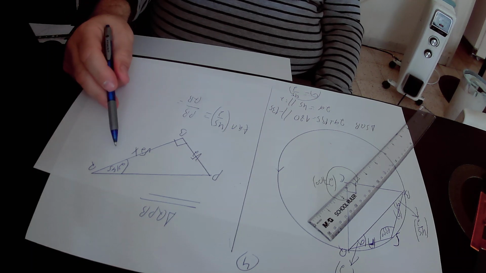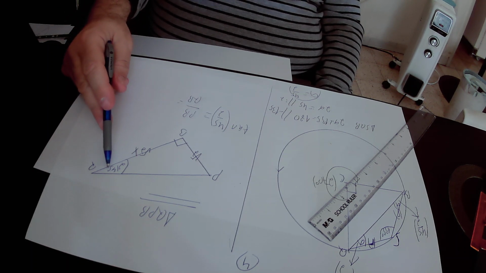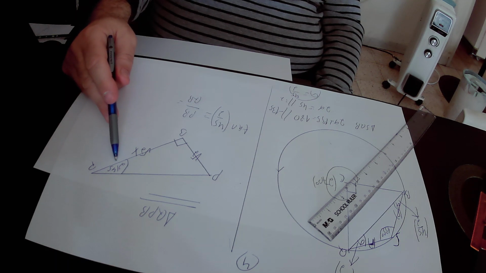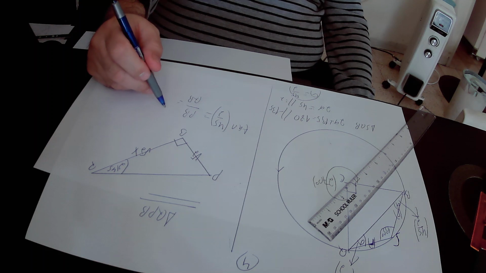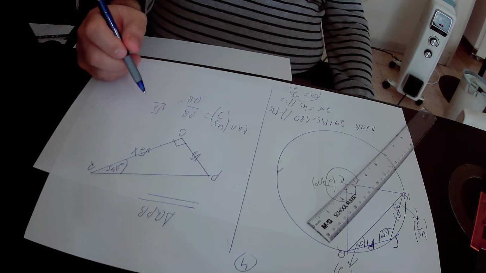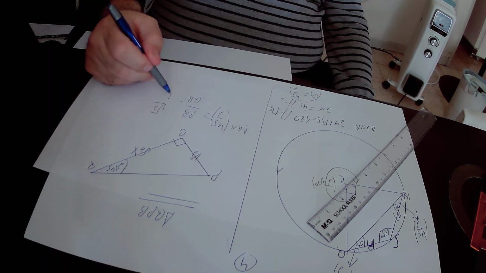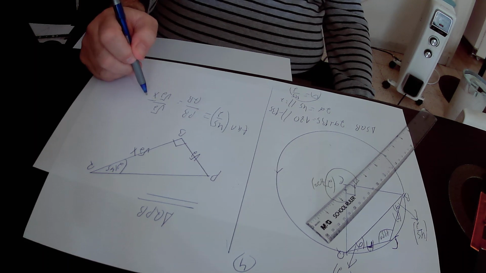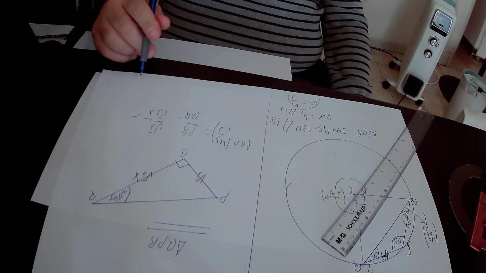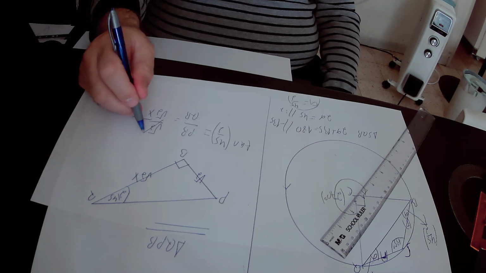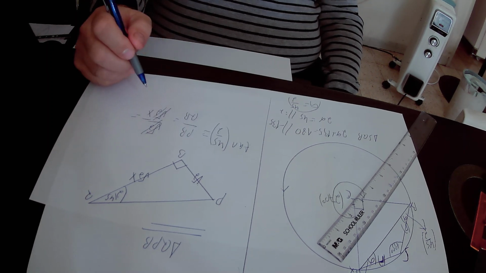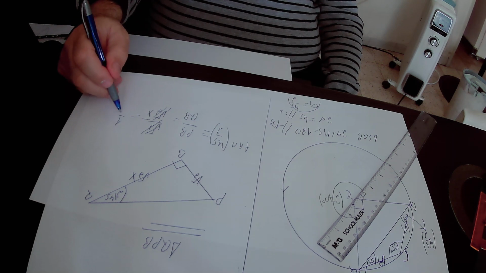So the tangent of this angle, 45 over 2 degrees, equals PB, which is square root of 2, over QB, which is square root of 2 times x. So we have square root of 2 in the numerator and square root of 2 in the denominator, so the square root of 2 will get cancelled. And we're left only with 1 over x.